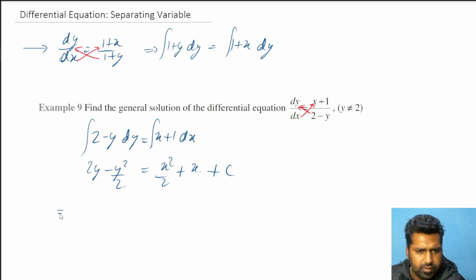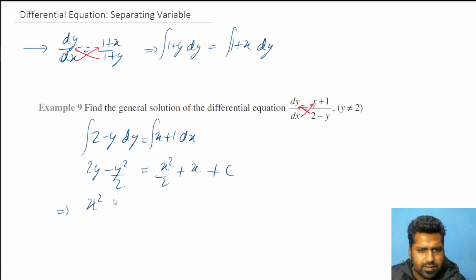Okay, so if I take the LCM of the whole, or I multiply both the equations by 2 basically, so I get 4y, and I want to make sure that everything is on one side. It's not necessary, but this is one of the possible ways to express your answer, but if you want, you can write this as some equation equals 0 also.